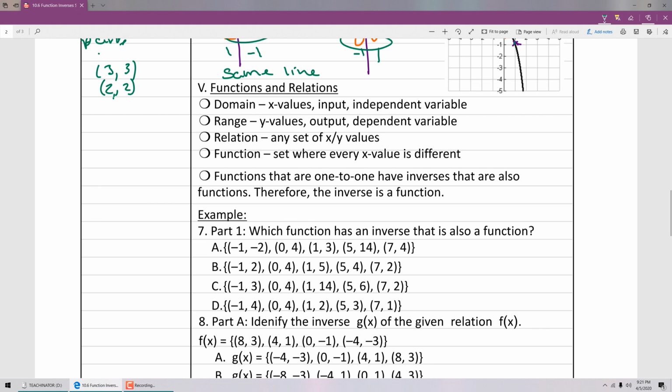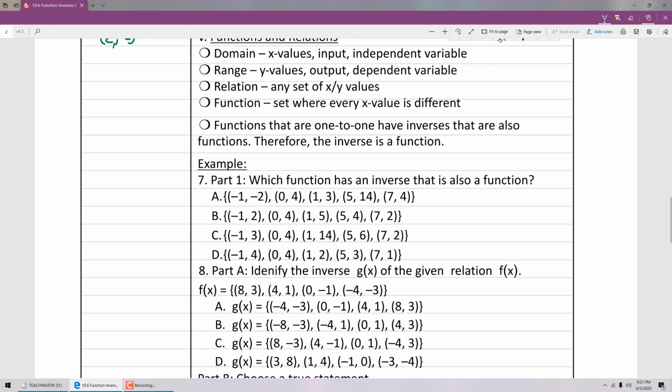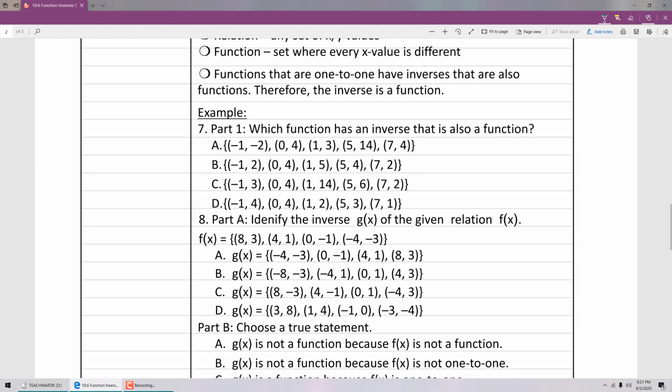So functions that have a 1-to-1 ratio here, they have inverses that are also functions. So what does that mean? That means that all the x values and all the y values are different. And because the y values are also different, that's why their inverses would be functions.